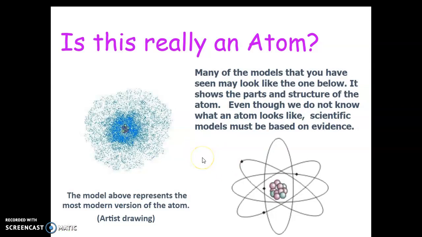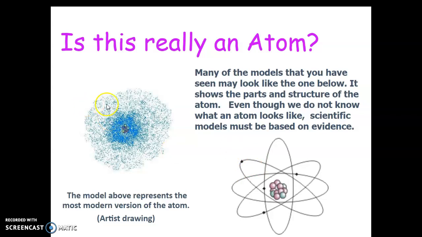So is this really what an atom looks like? Many of the models that you have seen may look like the one below. It shows the parts and structures of the atom, even though we do not know what an atom looks like. Scientific models must be based on evidence, so they just can't make it up.